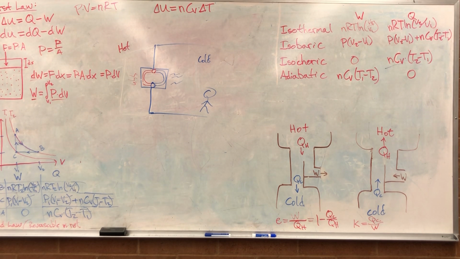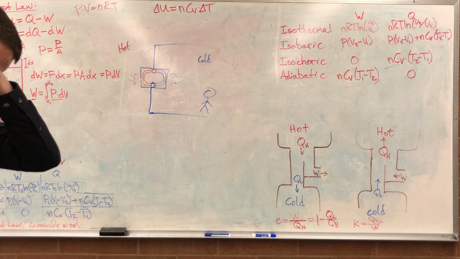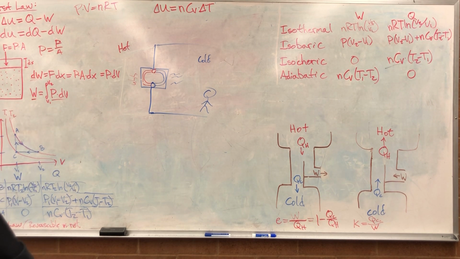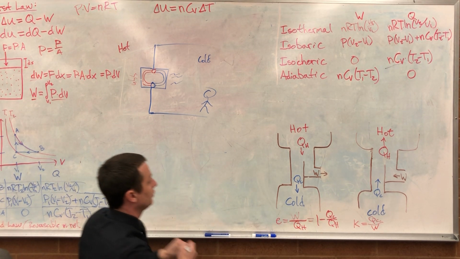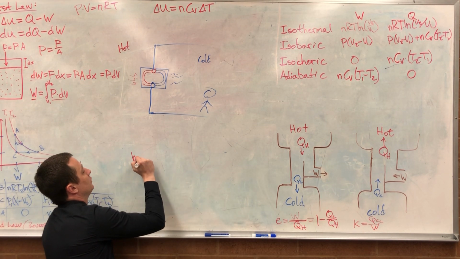And they call that the coefficient of performance. The K stands for coefficient. That's just what they call it, just a name. Coefficient of performance: K equals QC over W. And now notice in this case, what is W equal to?